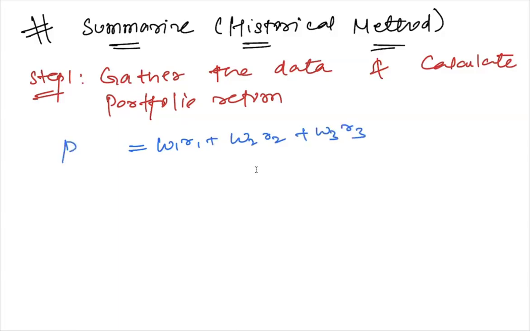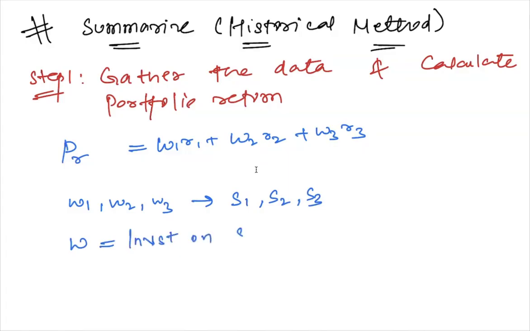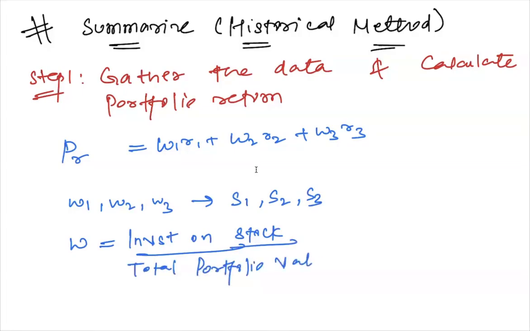This is your portfolio return. Now what is W1, W2, W3? These are the weights assigned to stock 1, stock 2, stock 3. How do you calculate the weights? Basically, investment on the stock divided by total portfolio value. So this is how you calculate the weights.